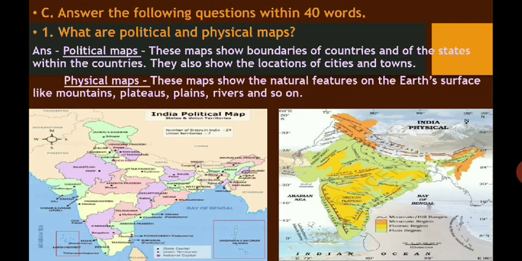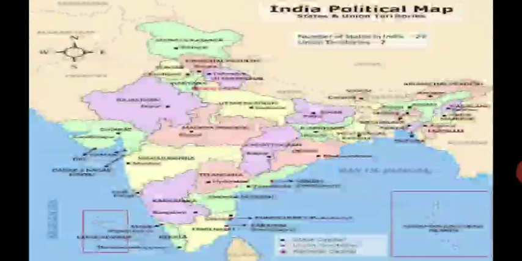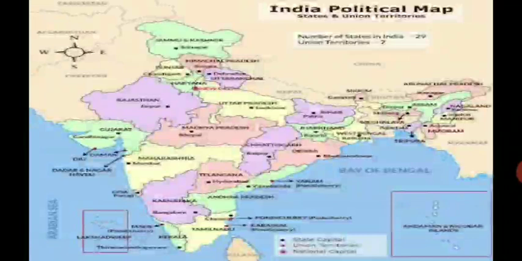Next you can see this is the Indian political map, and in the political map you can see some states named, and Odisha is in the east direction. Can you see? West Bengal and Jharkhand, the neighboring states, are there.